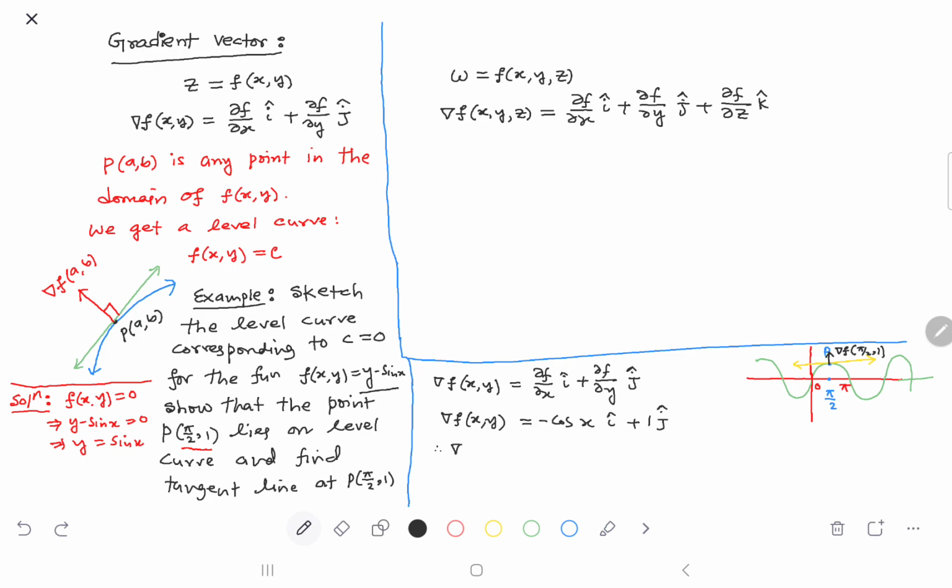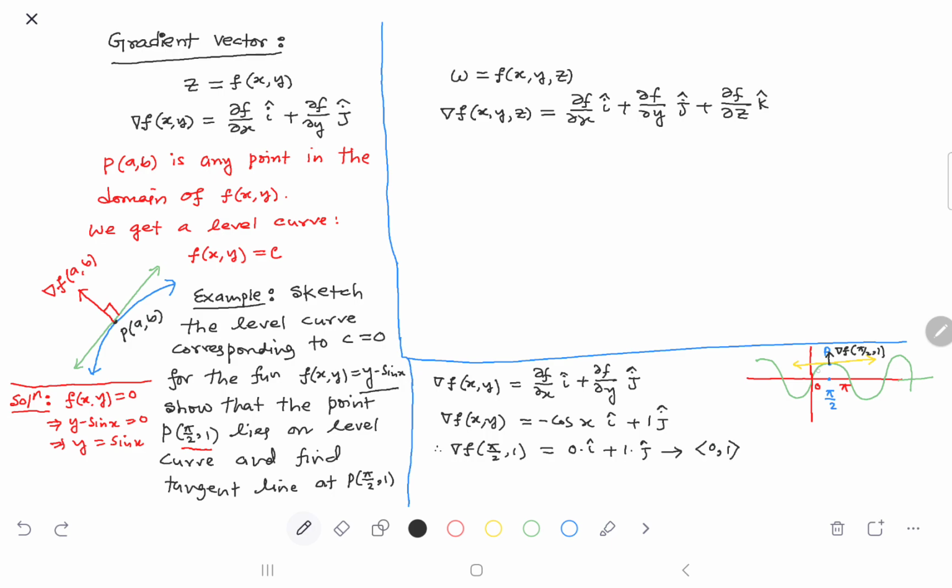At the point pi by 2 comma 1, if you calculate, what do we get? x is pi by 2, so cosine pi by 2 is 0, so 0 of i cap plus 1 into j cap. In component form, it is the vector 0 comma 1.